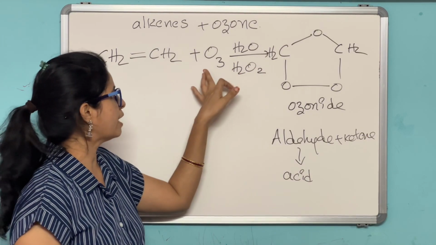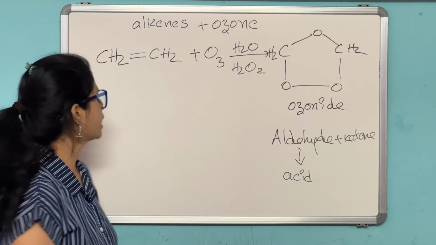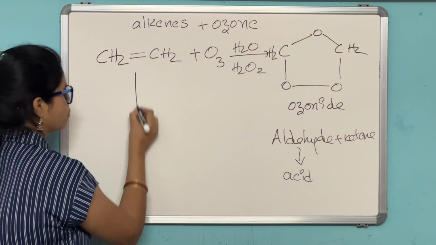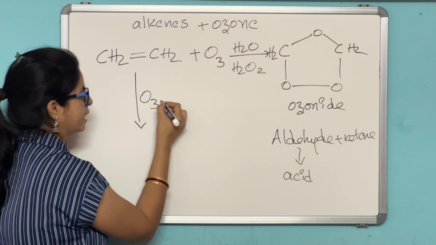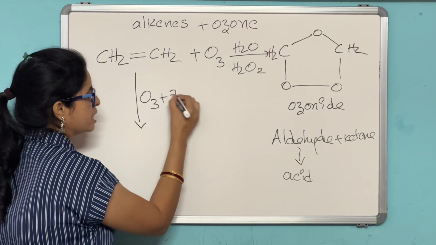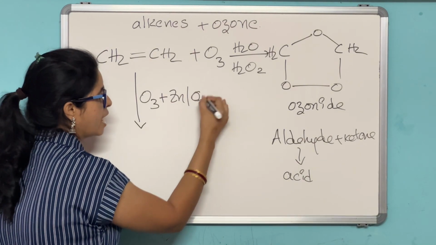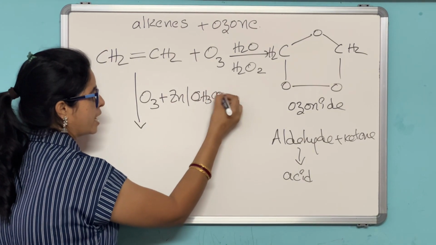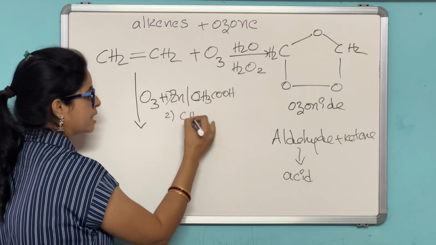Okay, so that is ozone along with H2O or H2O2. In the second case, after the formation of the ozonide, ozone is taken with zinc along with acid, here the acid may be CH3COOH, or the second reagent is dimethyl sulfide.